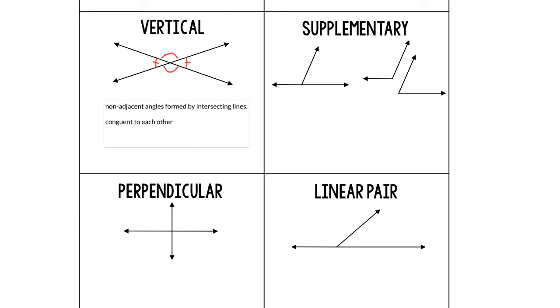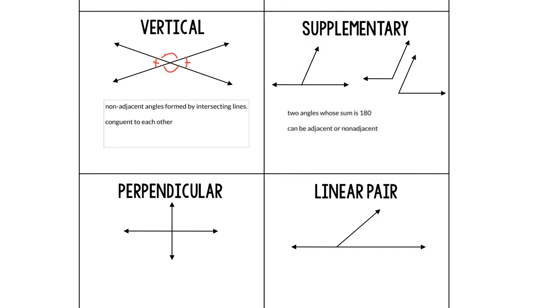Supplementary angles look like they're next. And it's the two angles whose sum is 180. Okay? And like the complementary angles, these can be adjacent or non-adjacent. So we've got one angle right here.